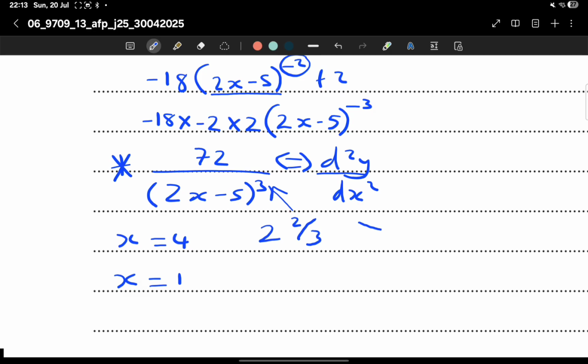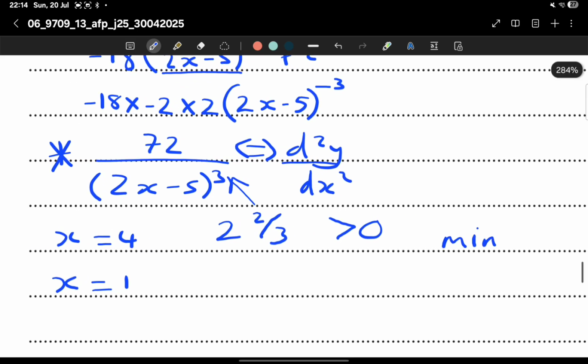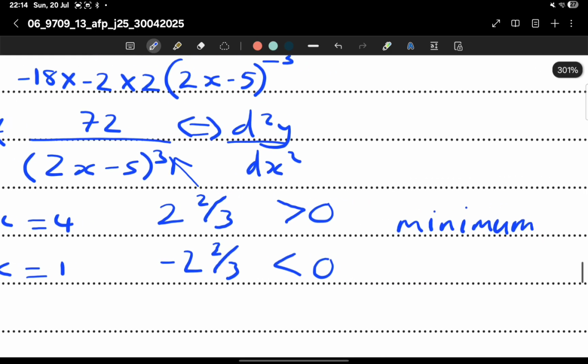We see that this is greater than 0, so that means it's a minimum. If the second derivative is greater than 0, it means it's a minimum at that x value. And if we substitute 1, we get minus 2 and 2/3, which is obviously less than 0. And so if the second derivative is less than 0, we get a maximum.